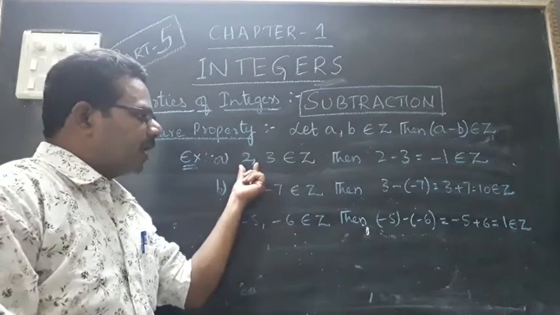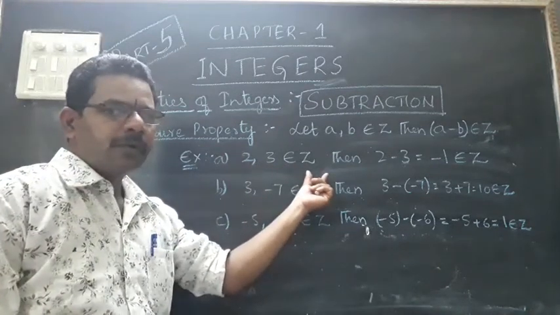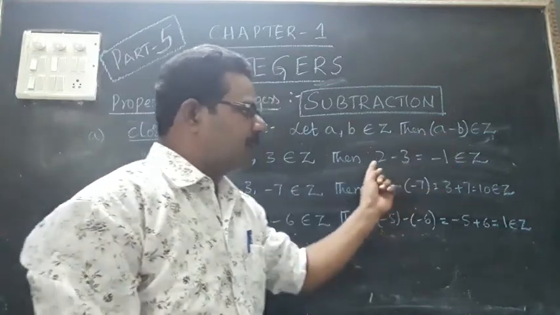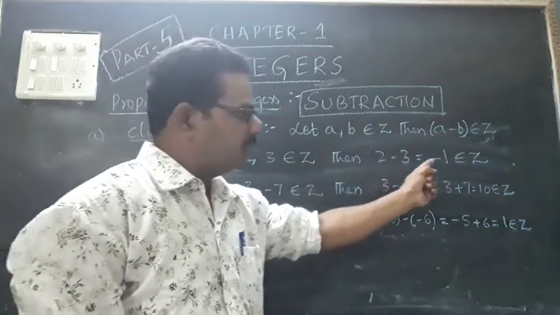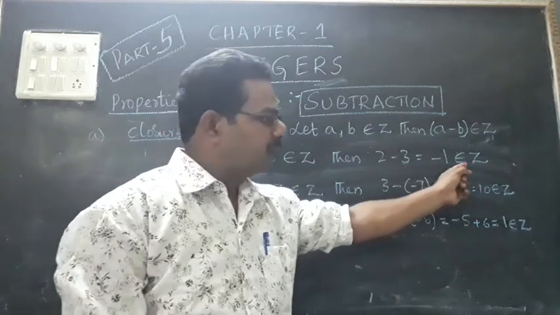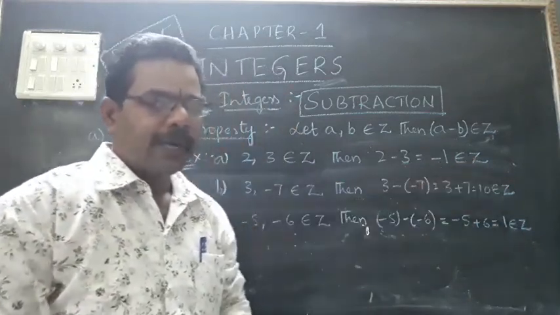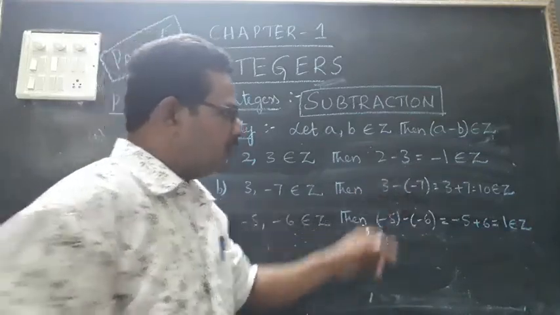We have taken 2 and 3. Then a minus b means 2 minus 3. 2 minus 3 is equal to minus 1, we know. Minus 1 also belongs to the set of integers because minus 1 is also an element in the set of integers. So it followed.